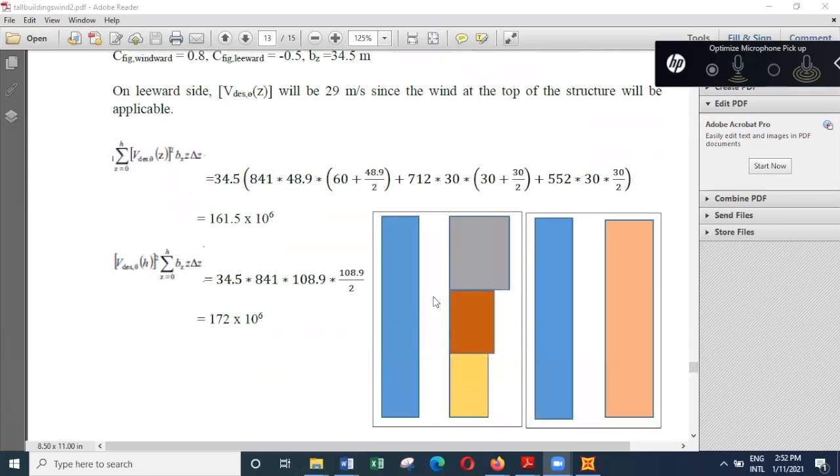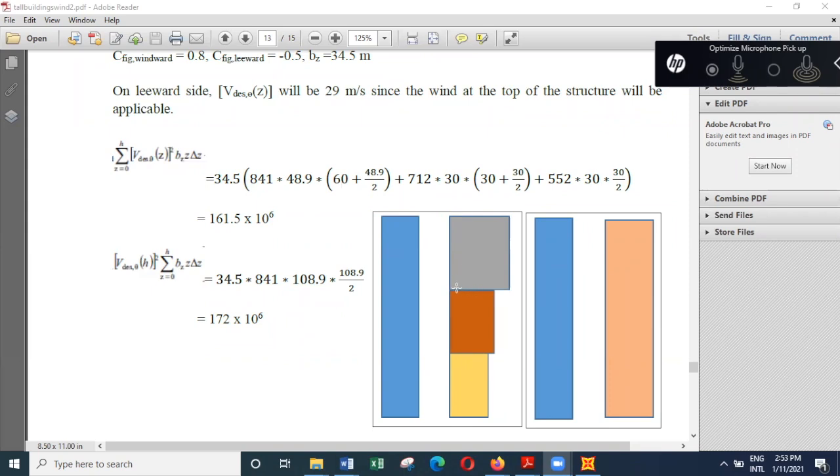So what I have to do is, the width is constant, so I can take it out, 34.5, and then the velocity corresponding to this is constant. The velocity squared is 841 over this height, and then this height is 48.9, and then the distance of the centroid is 60 plus 48.9 divided by 2.